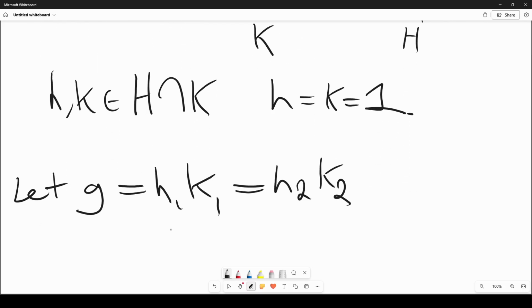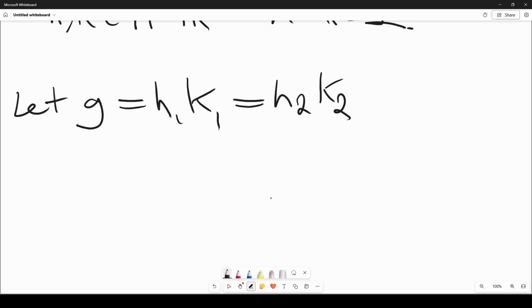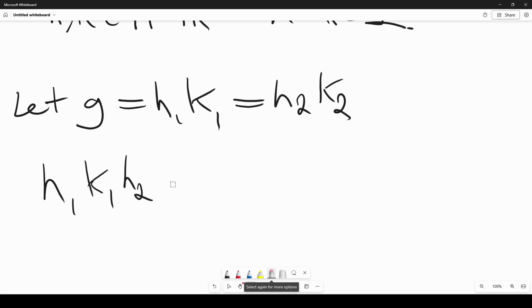Okay. Now we can continue. So let g equal h1k1 and h2k2, and we're going to try to prove that if this is the case, then h1 equals h2 and k1 equals k2, which means it can be written uniquely. So this implies that h1k1 times k2 inverse h2 inverse, because we're multiplying by the inverses on the right, so I get that k2 inverse h2 inverse is the identity.